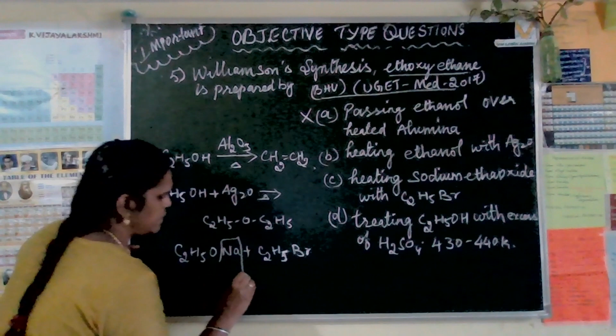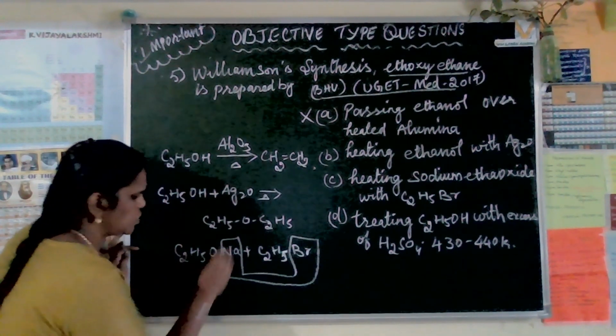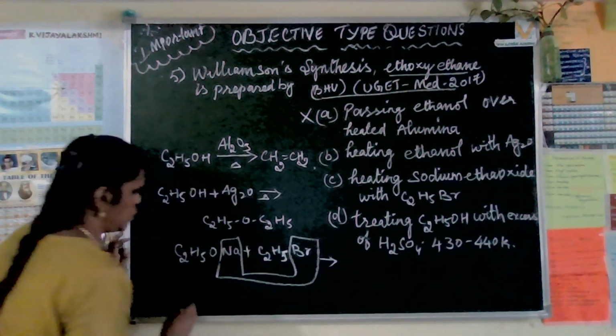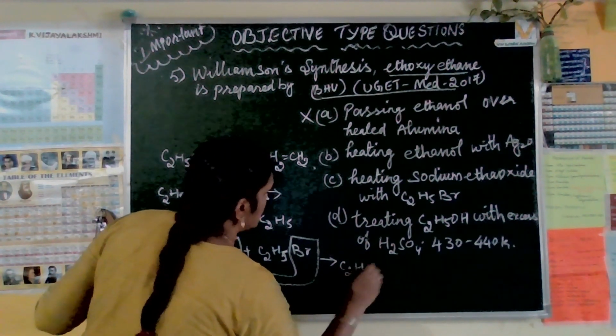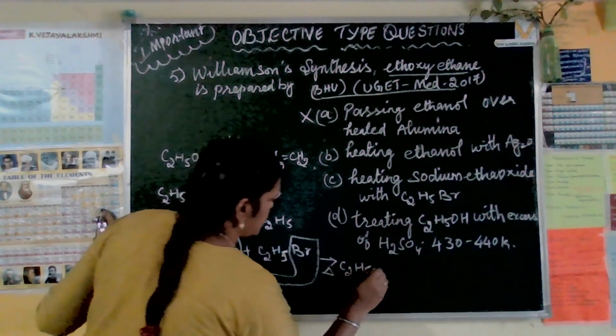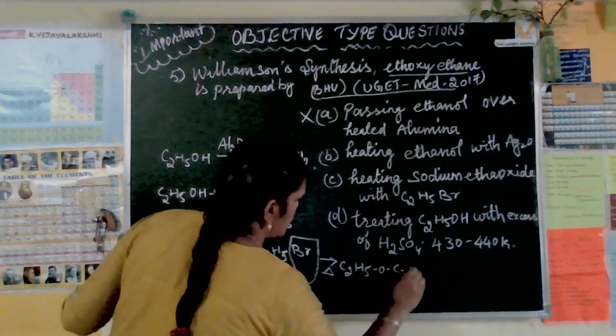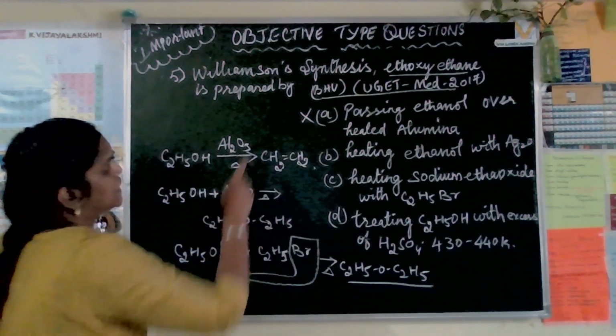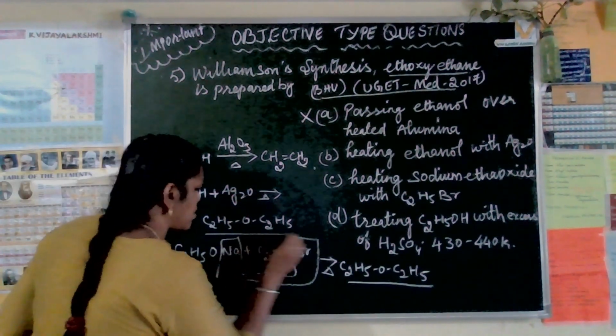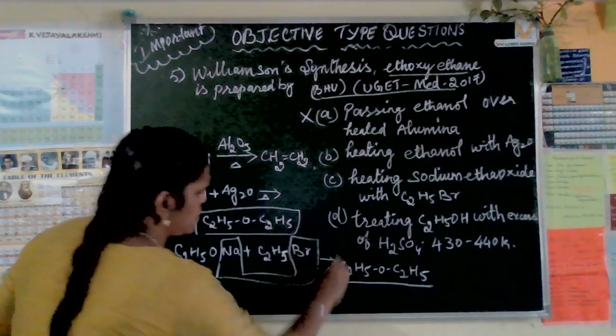Now these both go out, so naturally you will get C2H5OC2H5 on heating. This is ethoxyethane. This is also ethoxyethane.